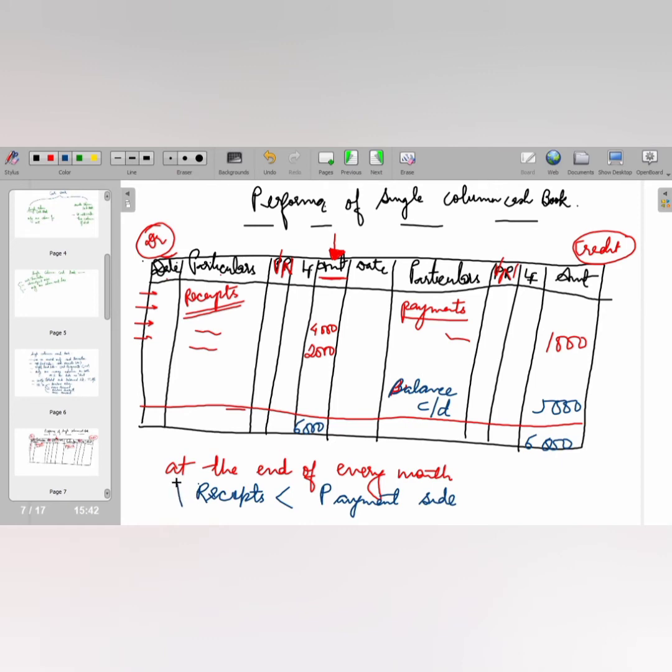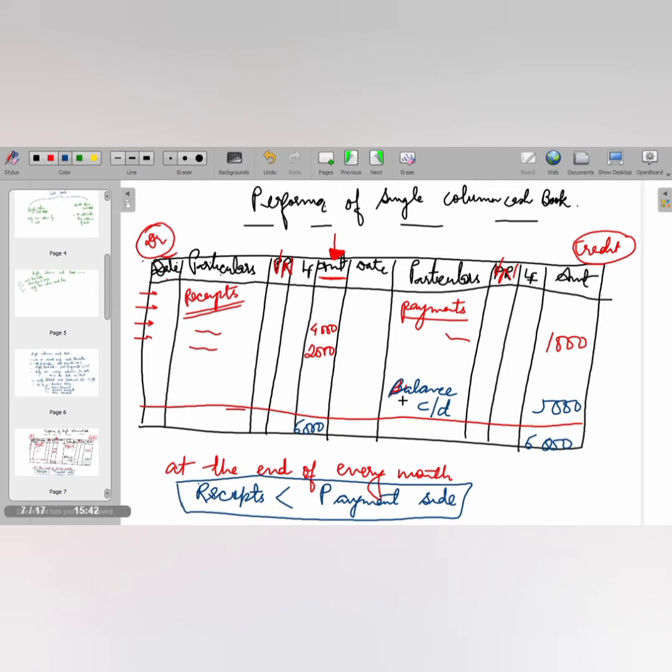This is a very important thing that you have to remember, because we cannot make payments more than the receipts. The simple logic behind this is that we cannot make payment more than the receipts. That's why always the balance will be carried down on the credit side only.